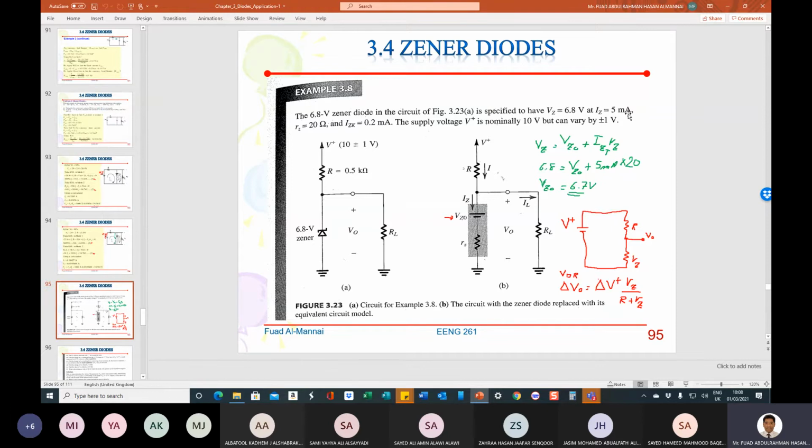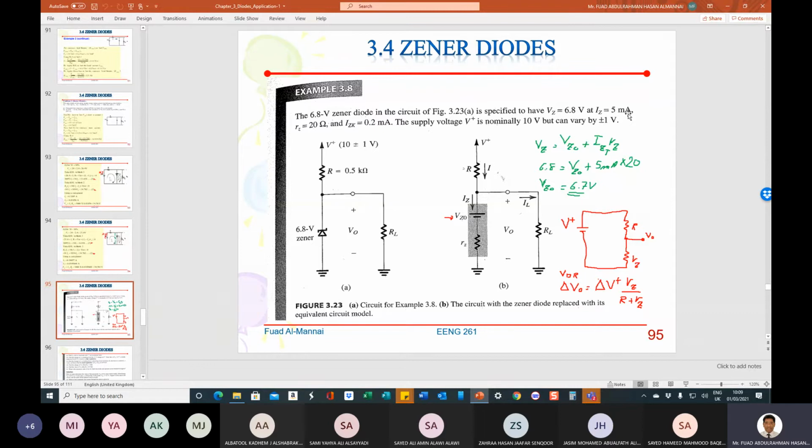When they say VZ at IZ, they mean at IZT. So IZT in this case is equal to 5 milliamp. RZ is equal to 20 ohms. That's a big one. And IZK, which is the minimum, is 0.2 milliamp.